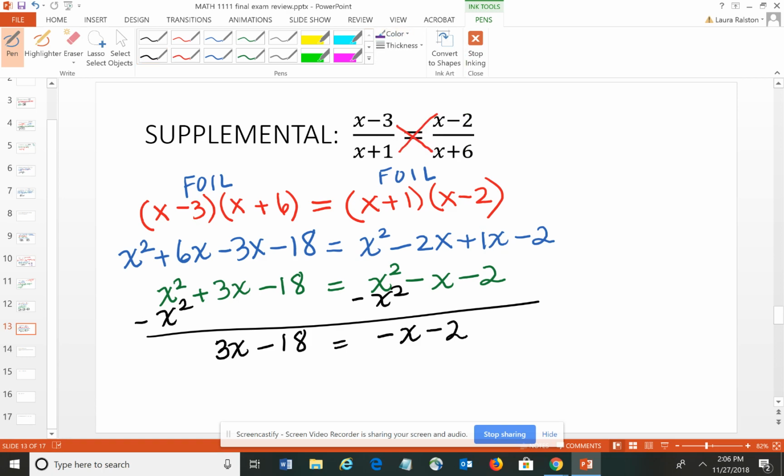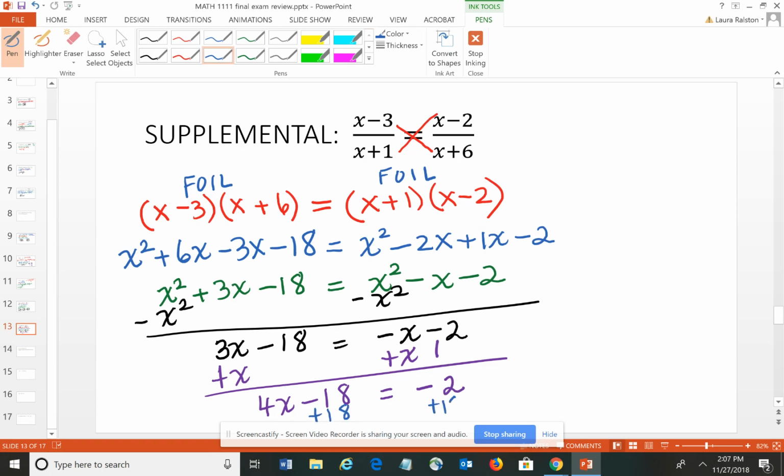I'm then going to add x to either side to get all of the x's together. So I have 4x minus 18 equals minus 2. I'm then going to add 18 to get all of the constants together.